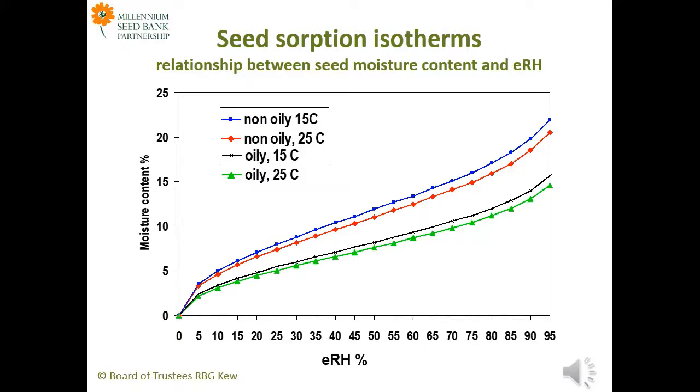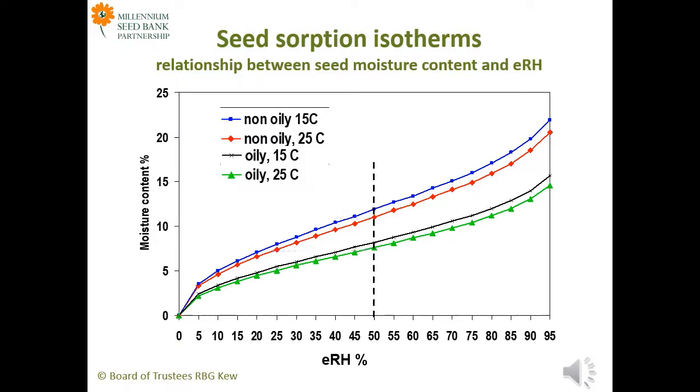The exact shape of the isotherm depends on the composition of the seed and its temperature. For a given ERH, oily seeds, which are the green and black lines, have a lower moisture content than the non-oily seeds, shown here as red and blue lines. And this is because seeds with a high oil content will absorb relatively less water than their non-oily counterparts.